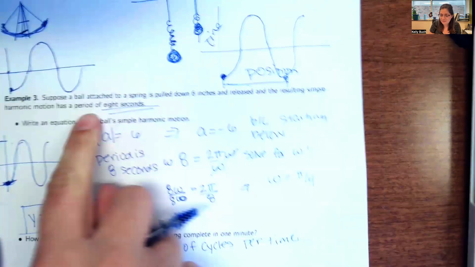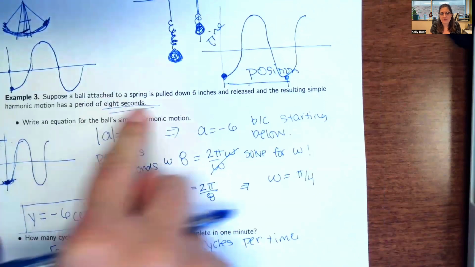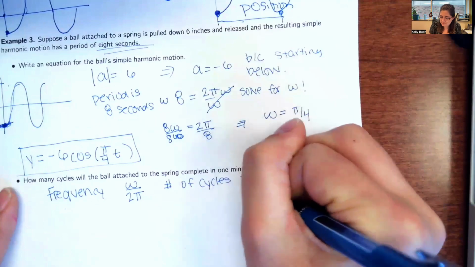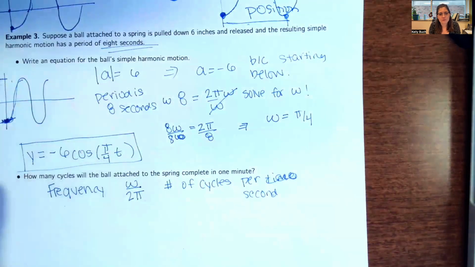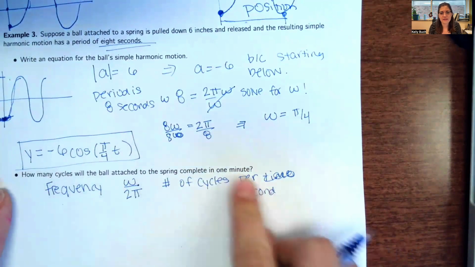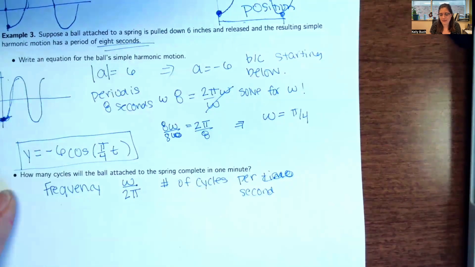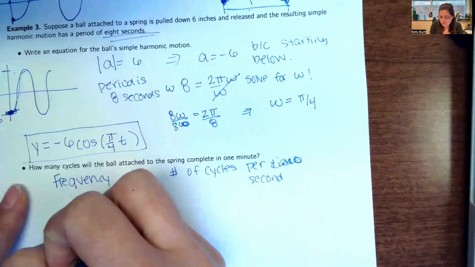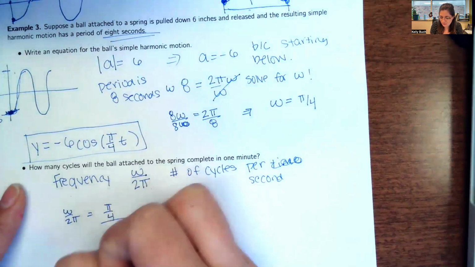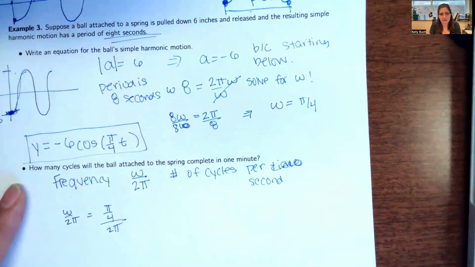And let's see, because we did things with seconds, my unit time is in seconds. So it's really going to be per second. Let's figure out what omega over 2 pi is and see if we can use the number of cycles per second to help us figure out how many cycles happen in a minute. So omega over 2 pi is equal to pi over 4 over 2 pi.